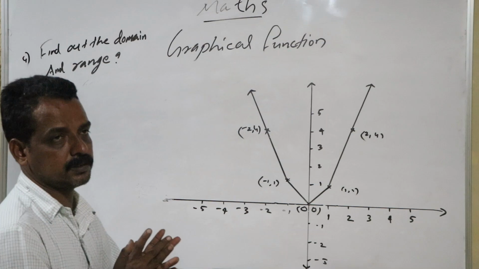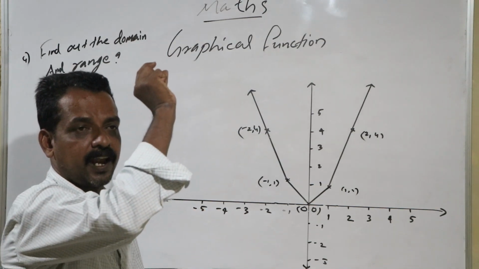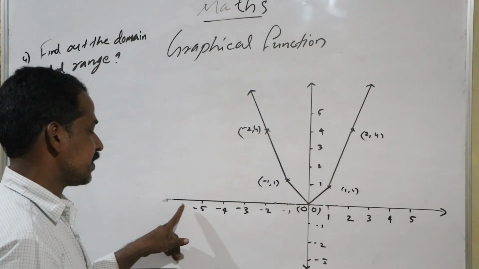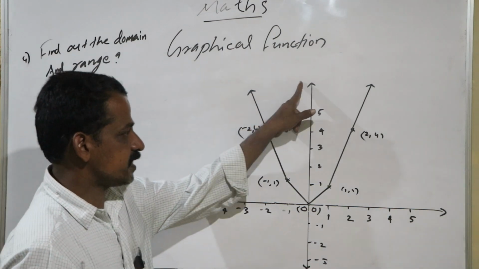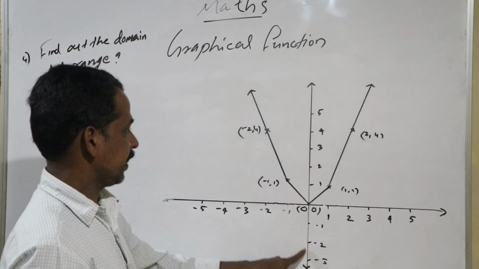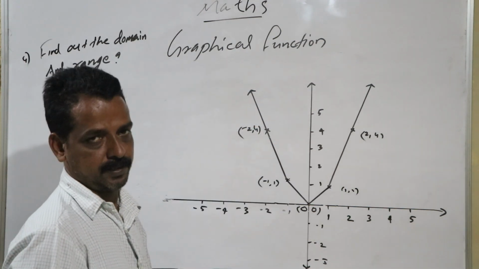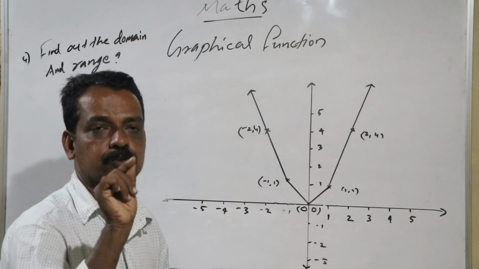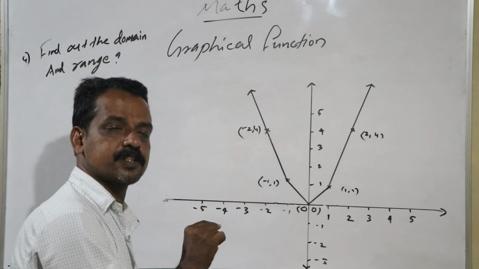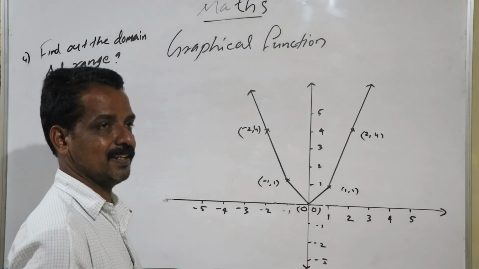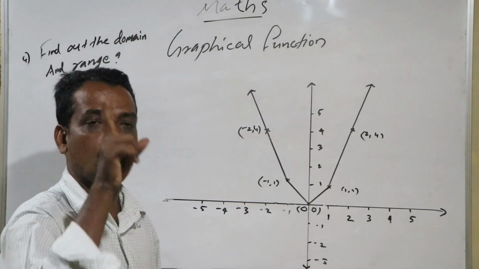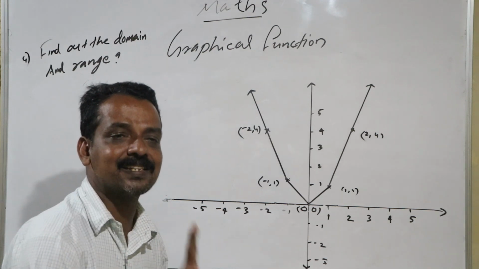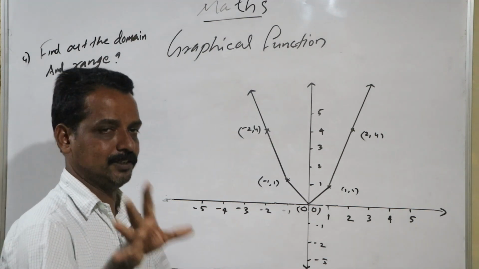Here we look at the graphical line. This is the x-axis. This is the y-axis. These are the graphical lines. A graphical line that is perpendicular to a point on the x-axis or y-axis means that only that point is the domain or range.